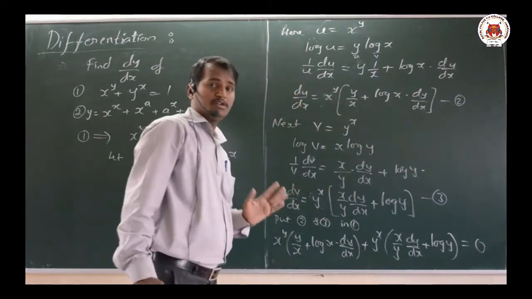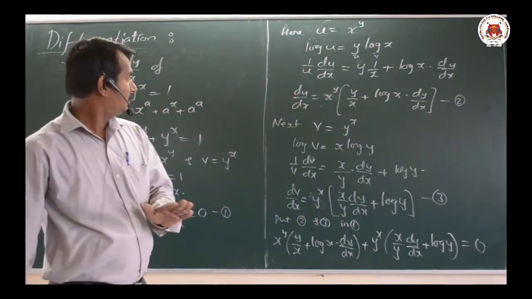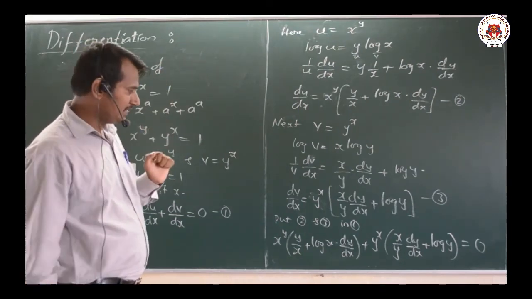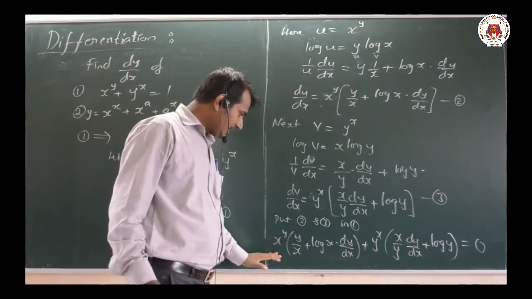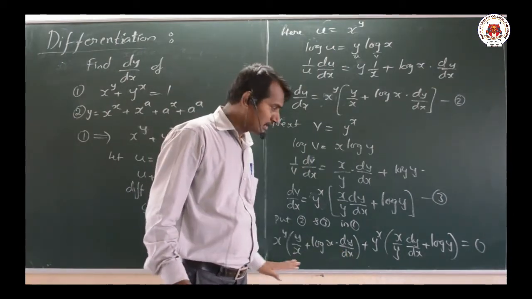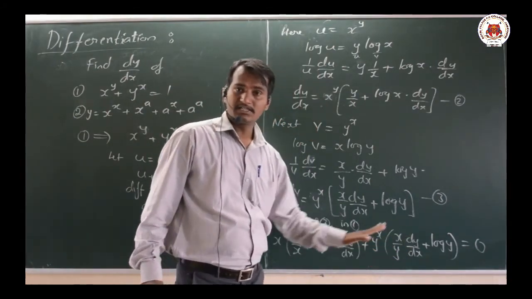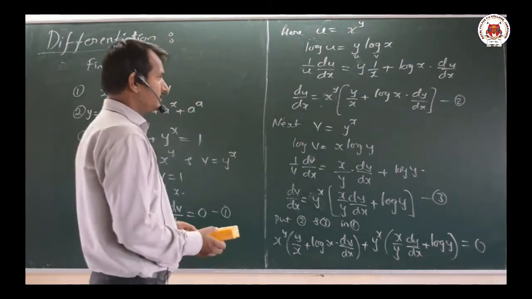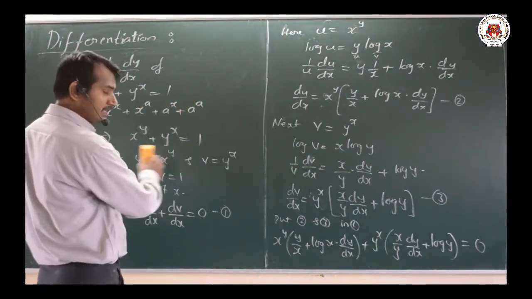Now what is the question here? The main important thing is finding out dy by dx. To find dy by dx, I will take the dy by dx term common, but only after multiplying it out. I will erase this part.